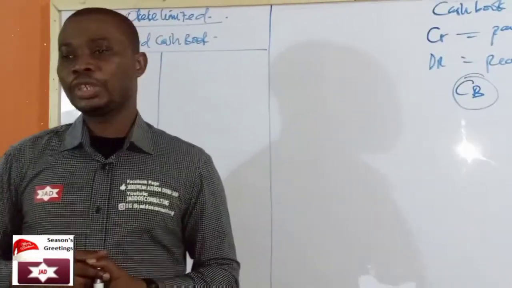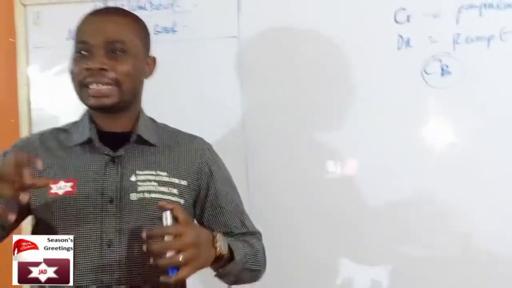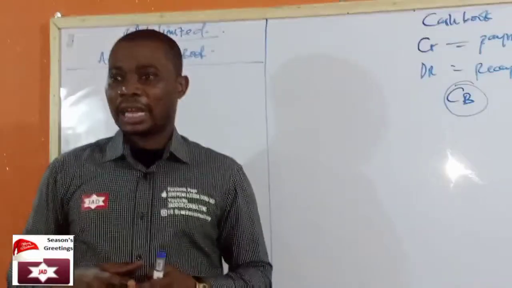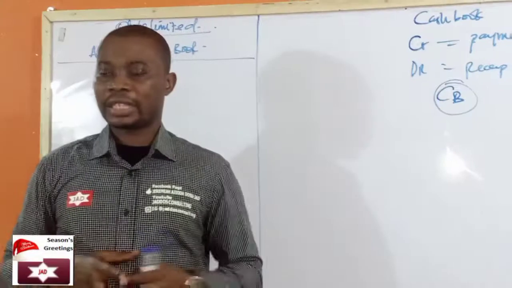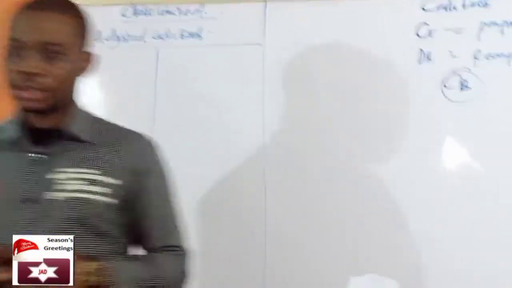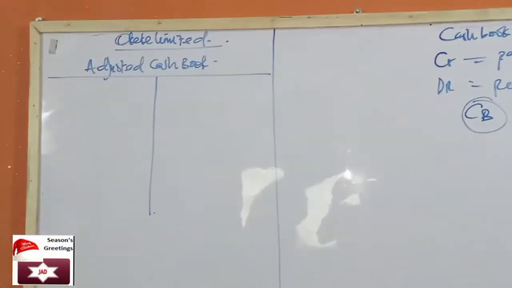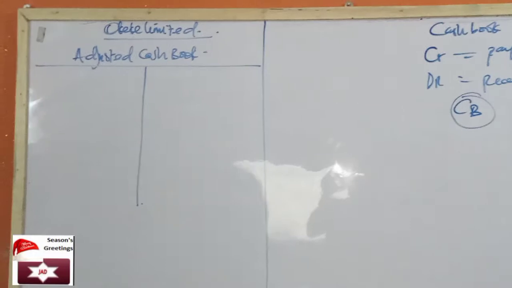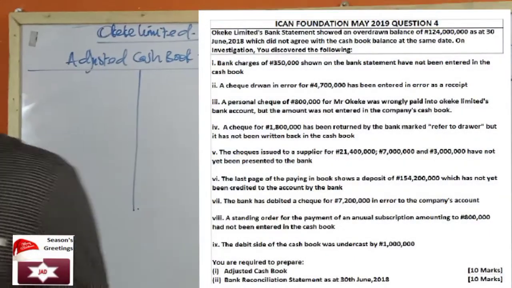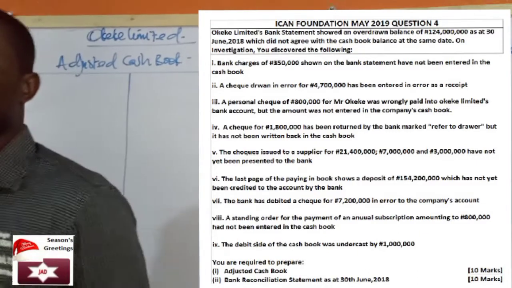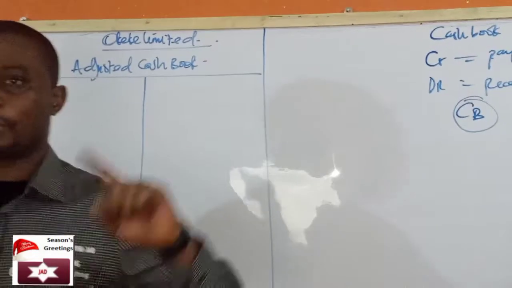So basically what we do here is to look at all the investigation, and get to know which item has affected the cash book and which item needs to be corrected in the bank reconciliation statement. The first one says bank charges of 350,000 naira shown on the bank statement have not been entered in the cash book. So basically the bank statement captured it, but the cash book has not.